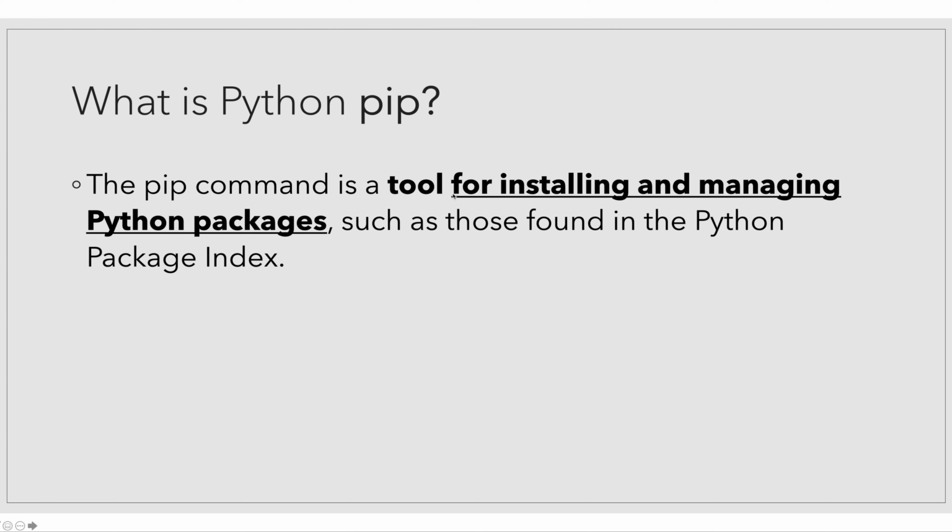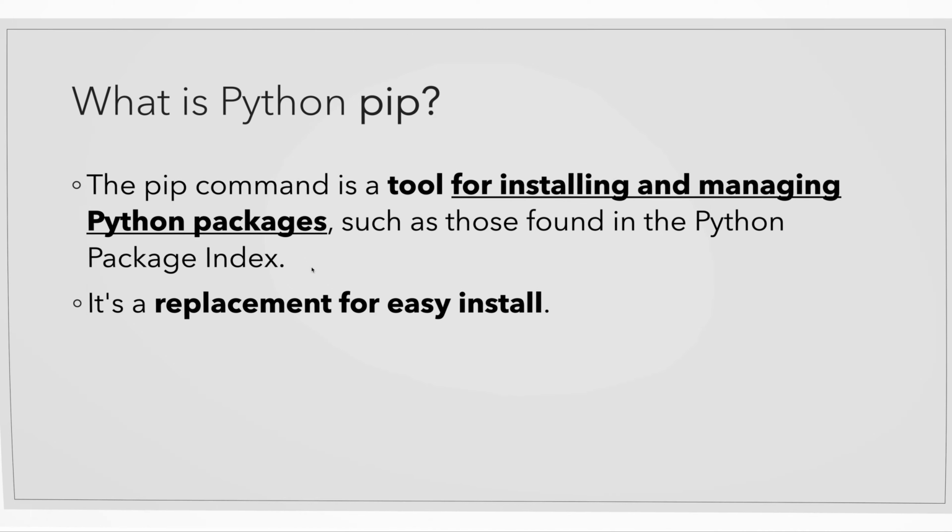There is a pip.exe file. If you watched the installation video which I recorded before, I explained the location of pip.exe. And here I mentioned pip command is a tool for installing and managing Python packages such as those found in the Python package index. And it is a replacement for easy install.